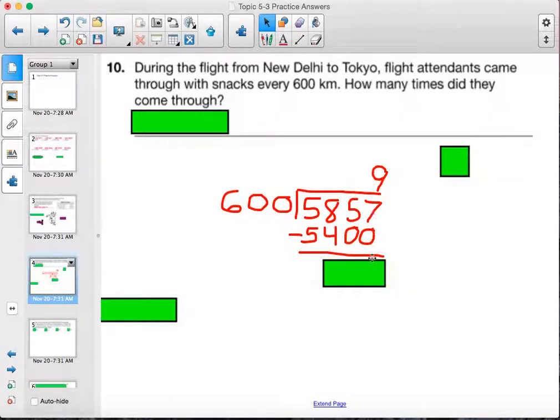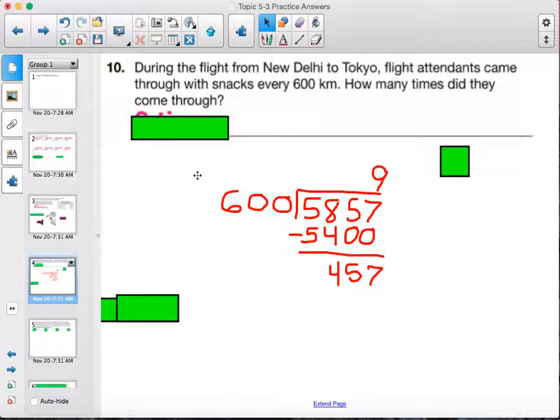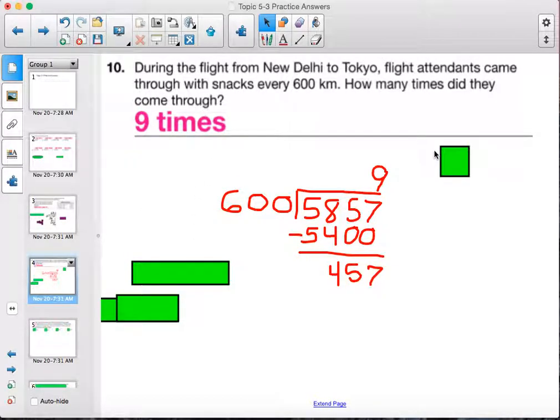Then we just subtract: 7 take away 0 is 7, 5 take away 0 is 5, 8 take away 4 is 4. So we end up with a remainder of 457. Well, 457 is not enough to get 600. So the answer will be 9 times they came through giving snacks.